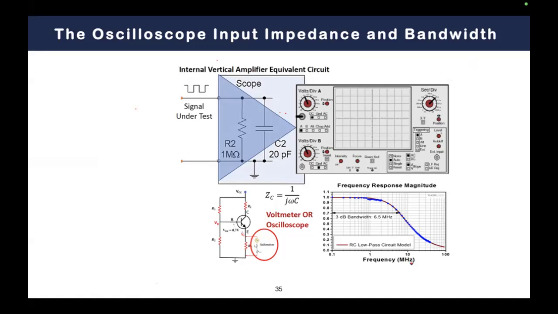So basically, for any electronic device, we have a resistance, we have an impedance. Usually, this impedance is in the form of a resistance and a capacitor. The most common values are around 1 megaohm resistance and about 16 to 20 picofarad as a capacitance. So what is the impact of having this input impedance on our circuit?